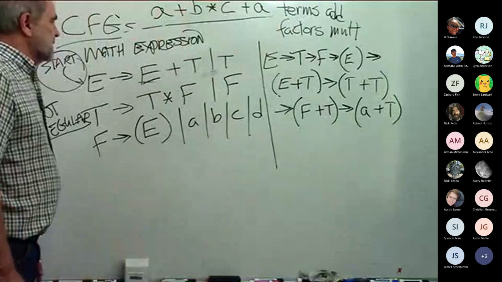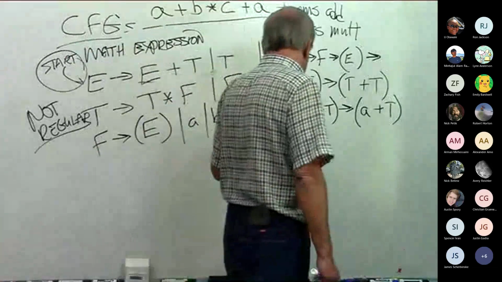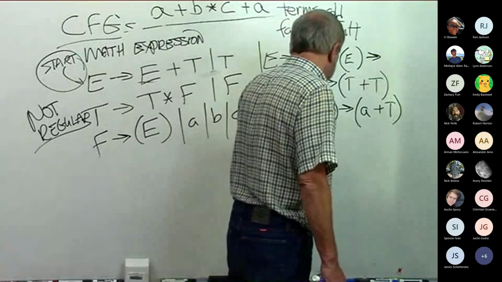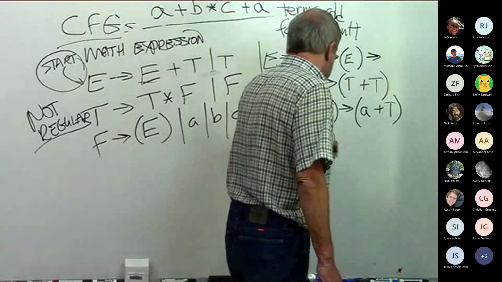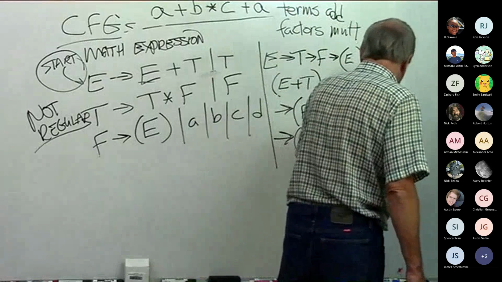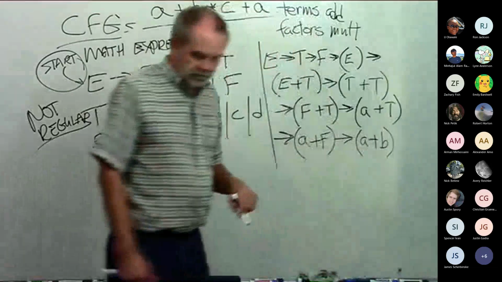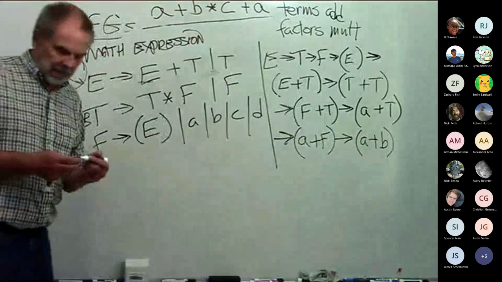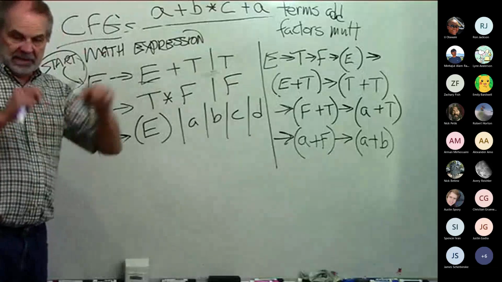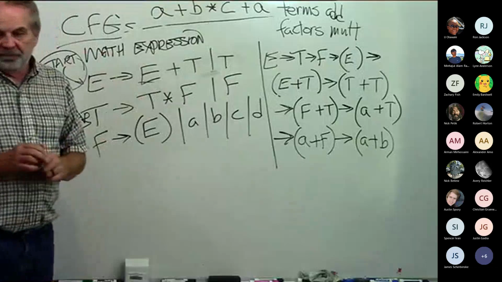I have to replace the T with one of its right-hand sides, which is the F. So we get something like this. And so we generated the string A plus B in parentheses using this grammar.